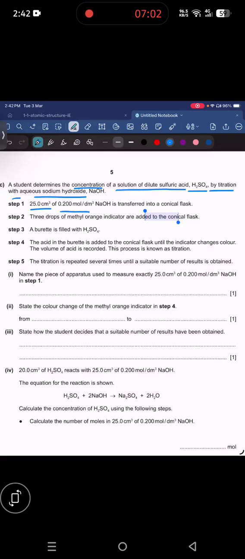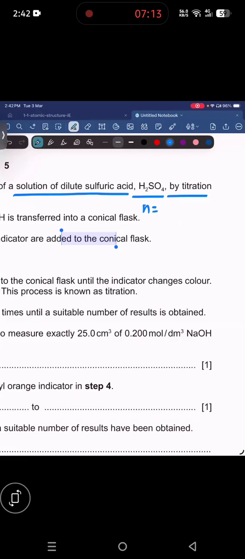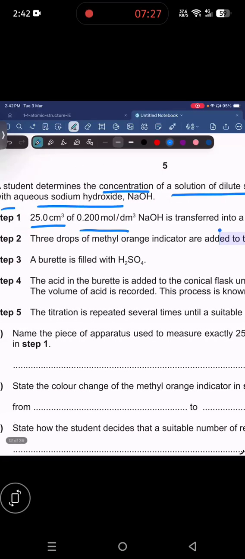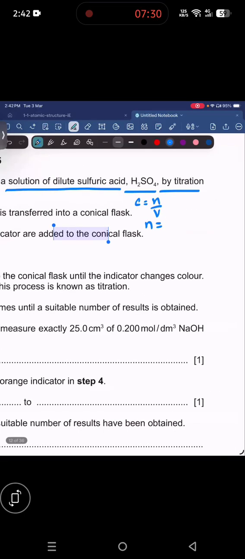Concentration of sodium hydroxide is 0.2 mole per decimeter cube, 25 cm cube transferred to the conical flask. So here we can find the moles of sodium hydroxide by using the concentration formula. Concentration is equal to moles over volume, so moles is equal to concentration, that is 0.2, multiplied by the volume, 0.025.